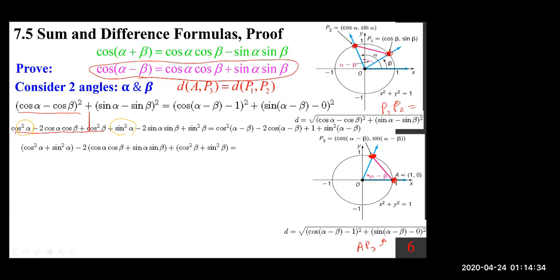Now here, let me use a different color. We are going to put this one and this one together. And finally, that's the second one, and we are factoring the negative 2. Finally, we are going to put this one with the asterisk together with this one with the asterisk. So that's what's happening.